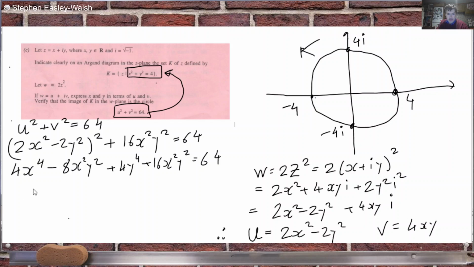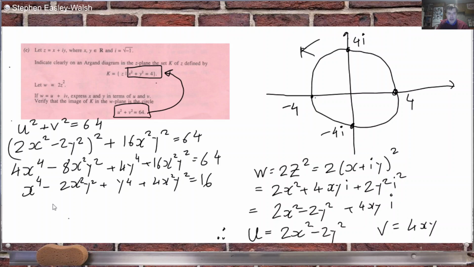So we can divide by 4. x^4 minus 2x squared y squared plus y^4 plus 4x squared y squared equals 16.